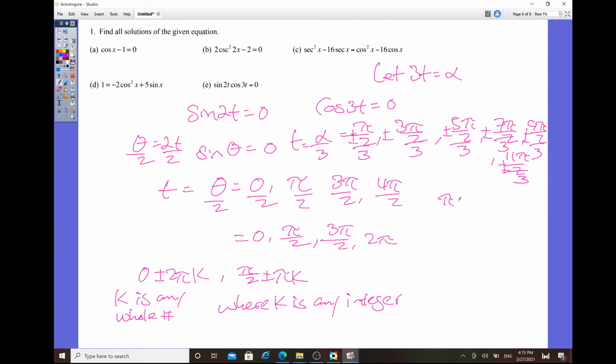So pi over 6, plus minus, divided by 3. So 3 pi over 6, so pi over 6, pi over 2, 5 pi over 6, 7 pi over 6, 9 pi over 6, and then 11 pi over 6.